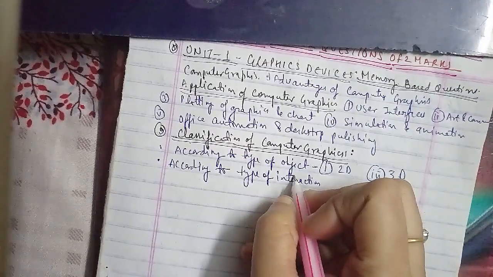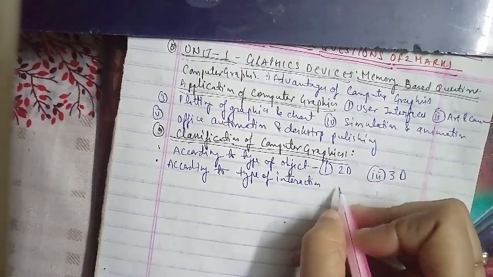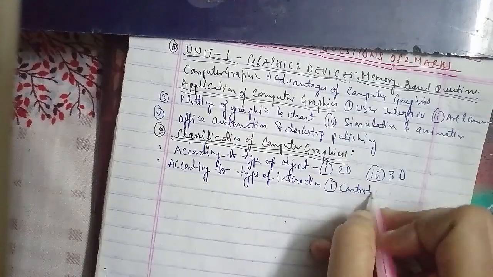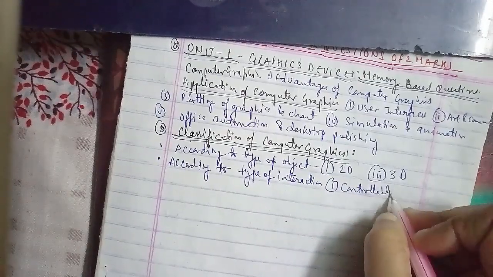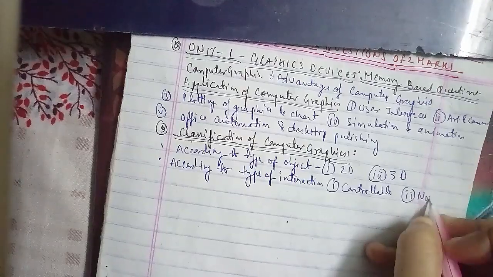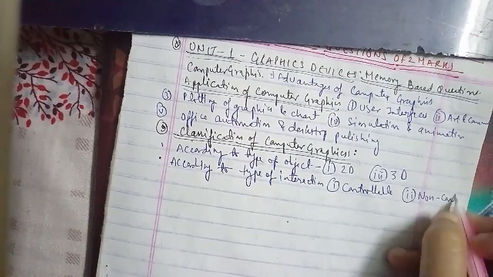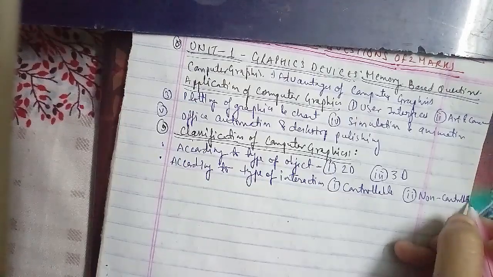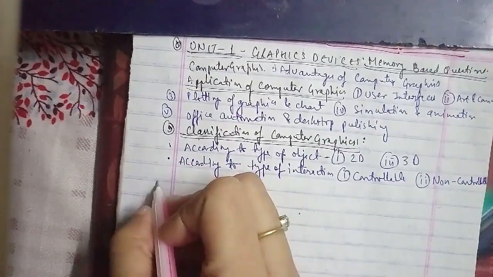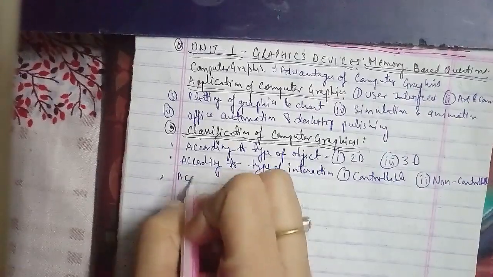The third is according to the pictorial representation. According to the pictorial representation, there are three types.